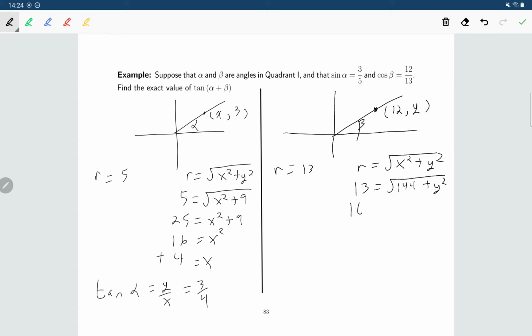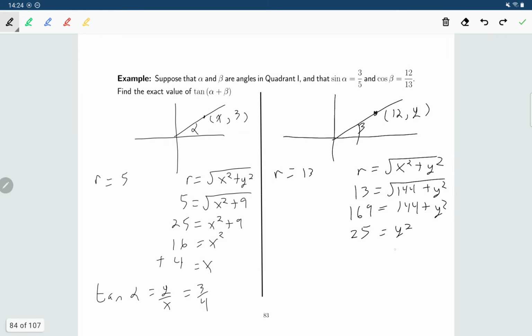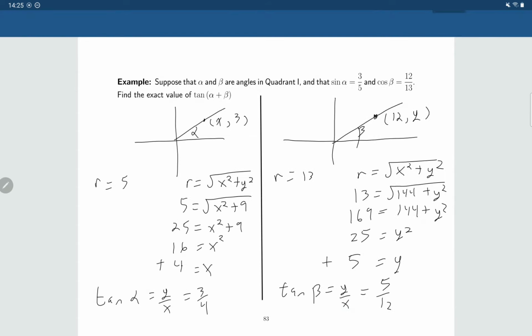So squaring both sides, and we'll find that y squared is 25. And because we're in quadrant 1, the y-coordinate is positive, so y needs to be the positive square root of 25, or positive 5. And so now tangent of beta, that's y over x, that should be 5/12.